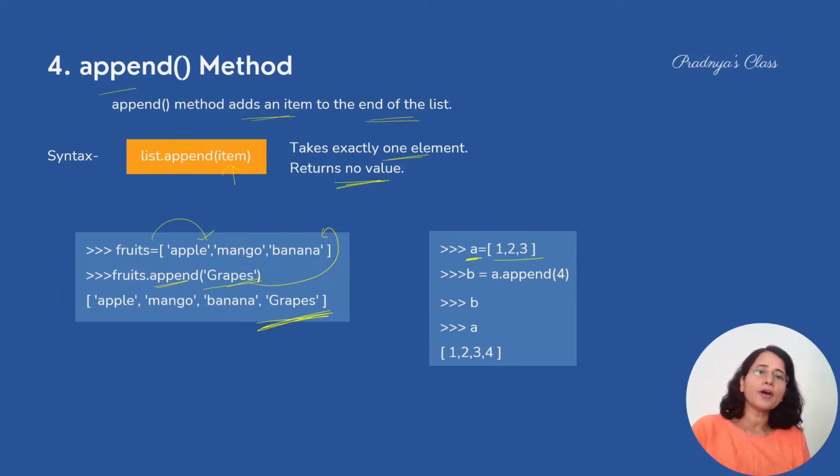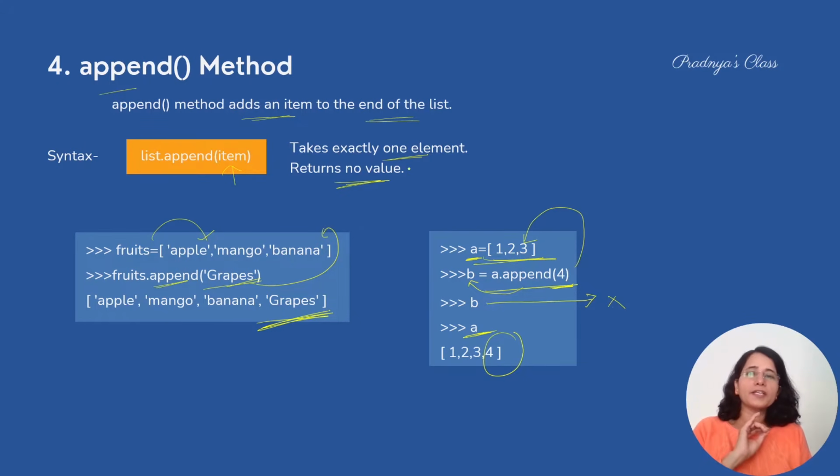Now I want to append one element 4 to the list A. So I have written this method a.append, and I am storing this also in B. When I am trying to print the B, I am not getting any output because it will not create a new list. But when we are printing A, we are getting the original list with one added element. So the append method does not return any value.